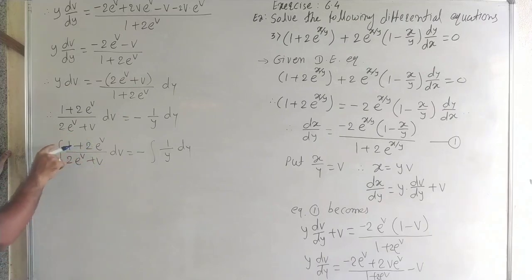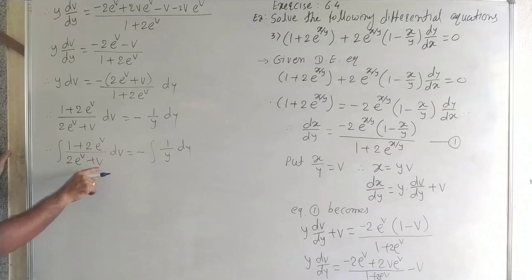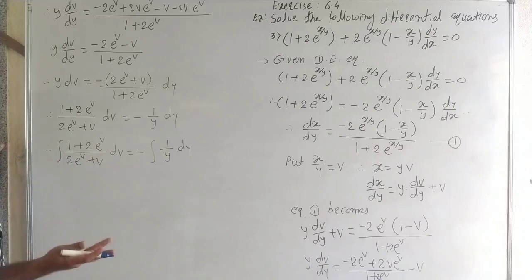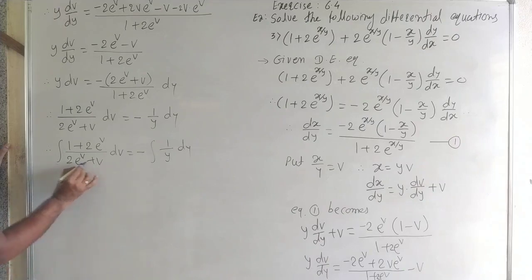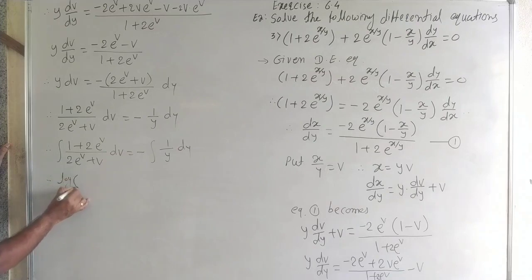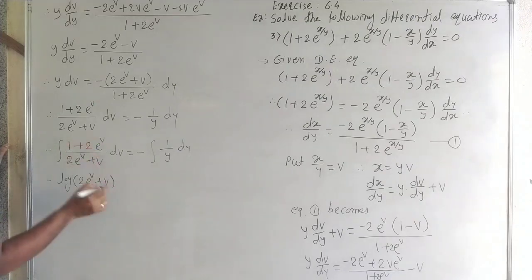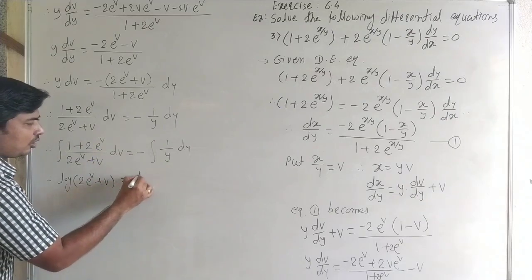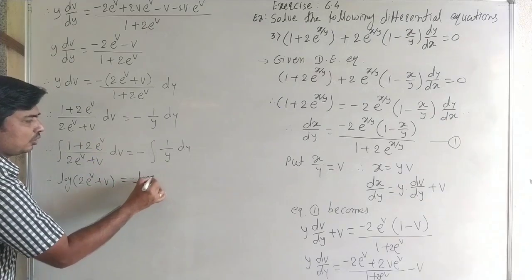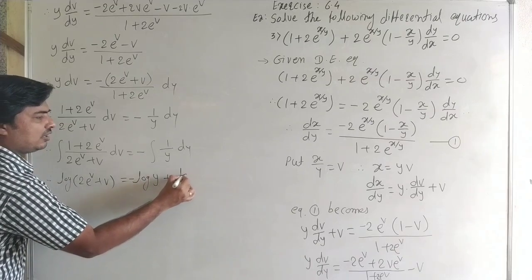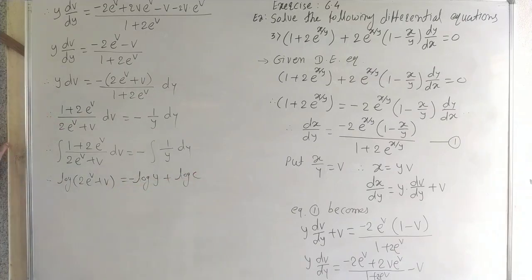That means it is f dash of v upon f of v. The integral of f dash of v upon f of v with respect to v is log of f of v. Therefore we can directly write log of 2 e raised to v plus v. Okay, here the derivative of 2 e raised to v plus v is 1 plus 2 e raised to v. It is equal to minus log y, and plus the integral constant is also in the log, that is log c.